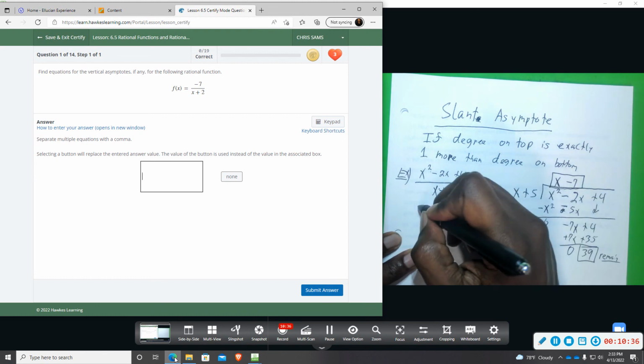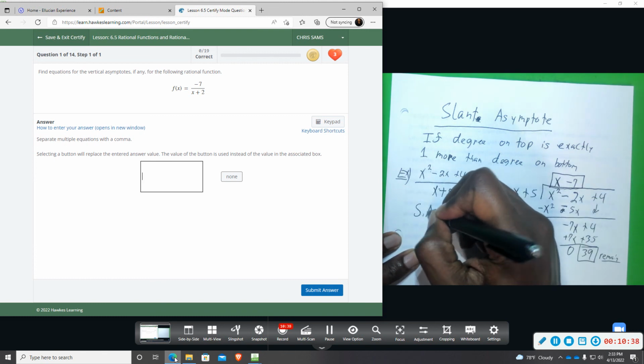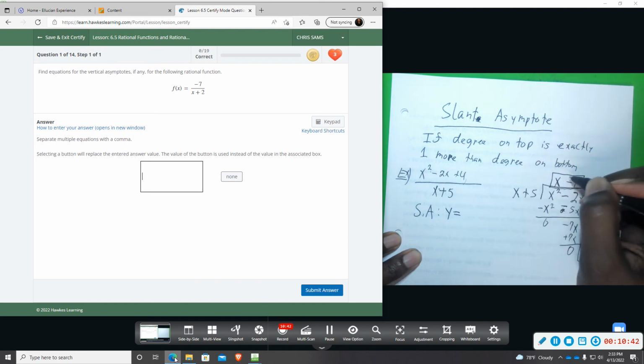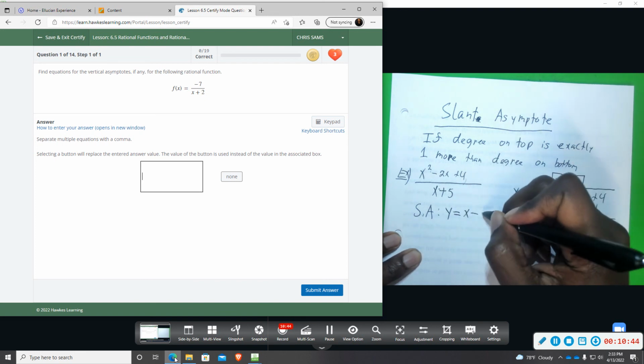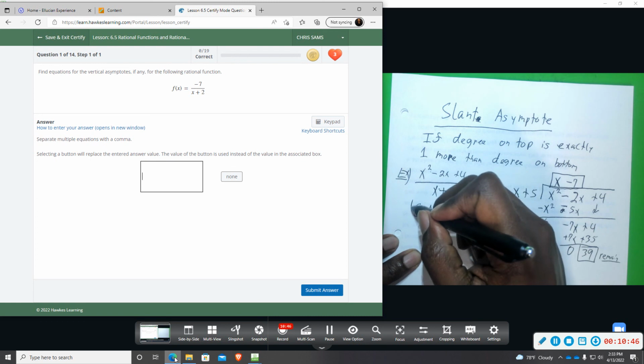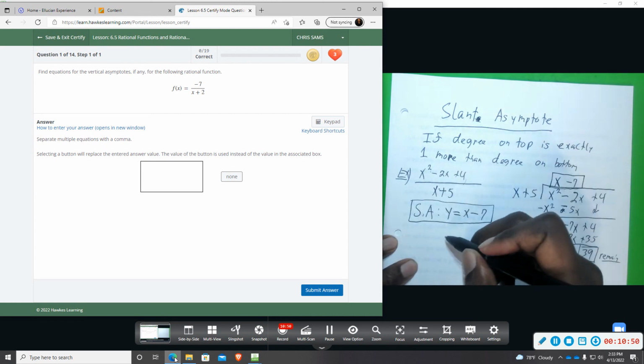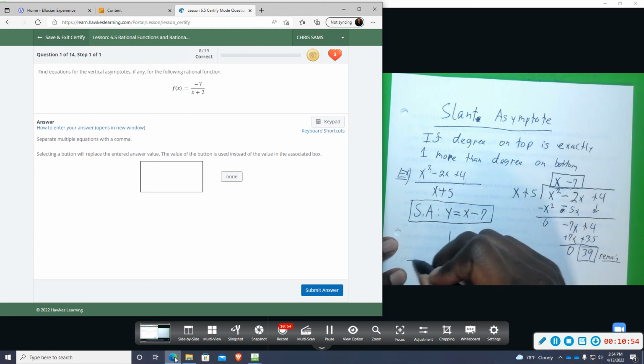Your slant asymptote, in this case, SA, which I'm going to abbreviate, is going to be the equation y equals x minus 7. And that on your graph is just going to be, again, an imaginary slant line that the graph does not cross.